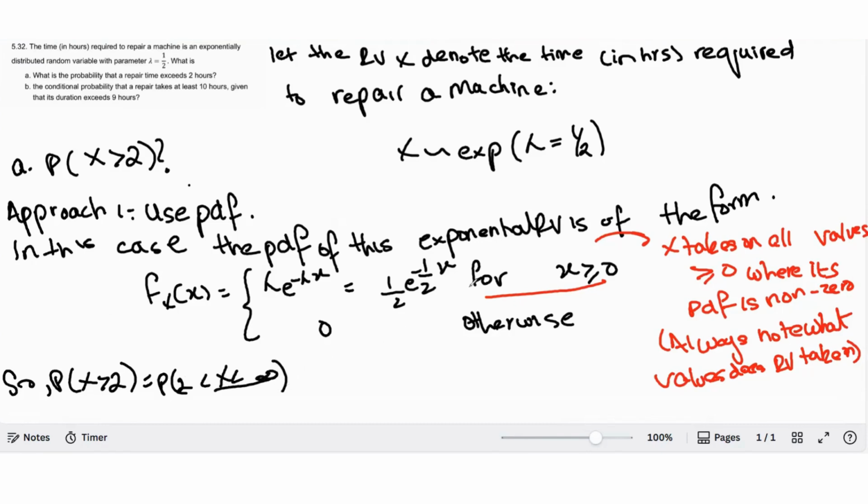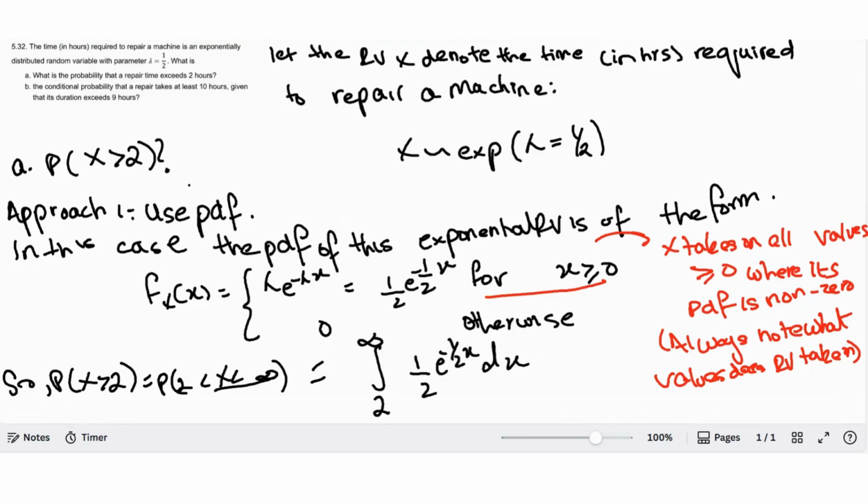Where does this infinity come from? It comes from the fact that X takes all possible values greater than or equal to 0. That's why it's important to keep in mind the values a random variable takes, because we can be more precise about what probability we're finding. Then we integrate from 2 to infinity. So we're going to integrate the PDF over this interval and then we can solve it.